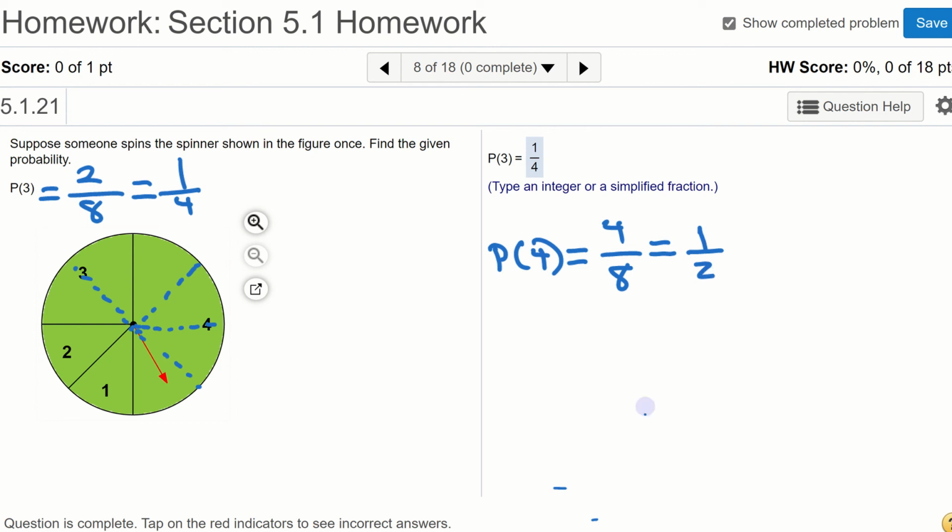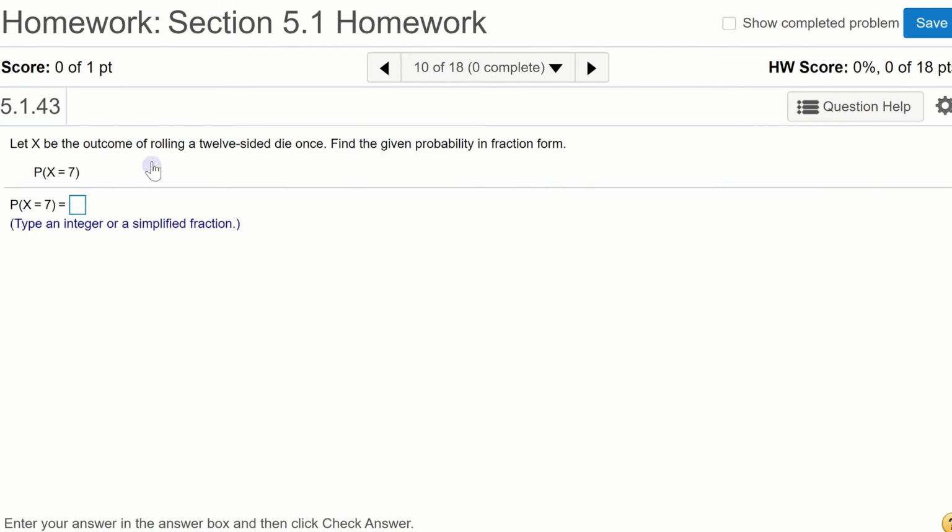These spinners offer us excellent opportunities to practice probability. So here they're giving you a different kind of die. They're giving you a 12-sided die. So you want to know the probability that the outcome is going to be 7 when you roll it.